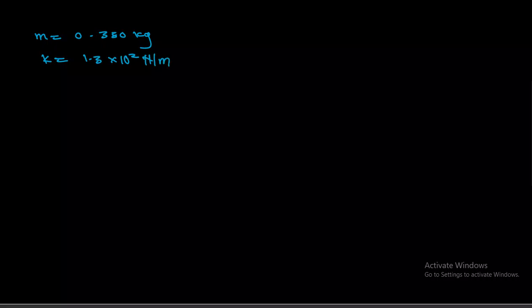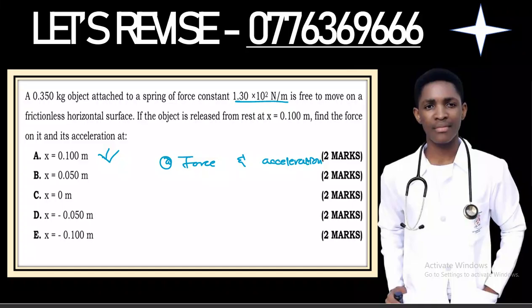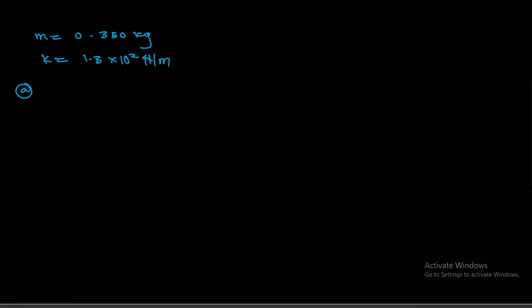So for A, we have been asked to find the force and acceleration at x equal to 0.1. We start by finding the force. The force is given by F equals negative kx.